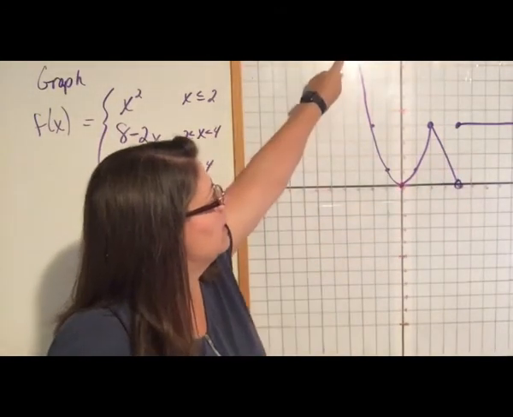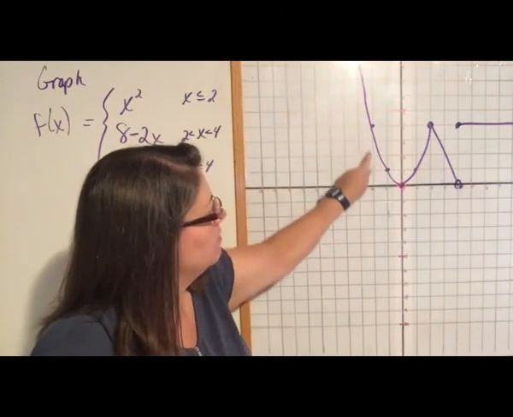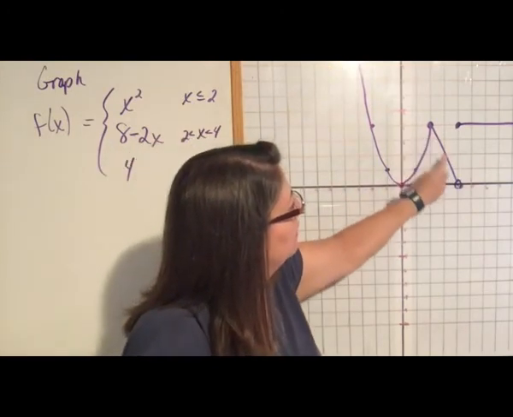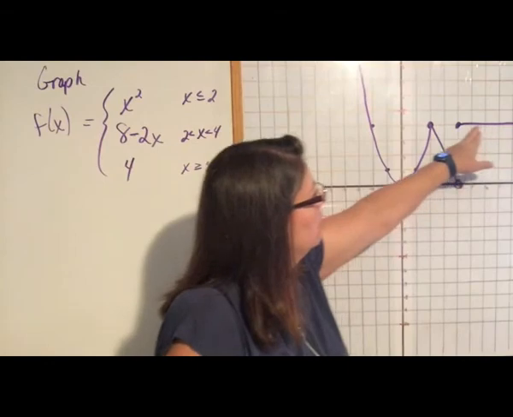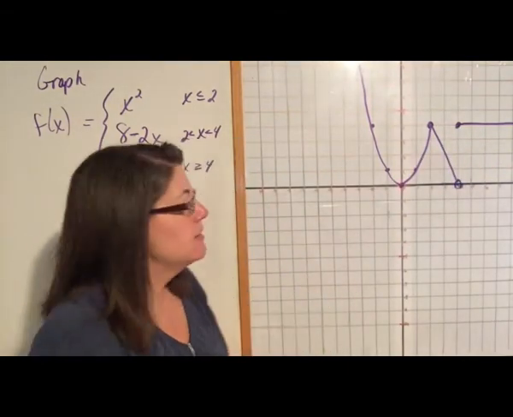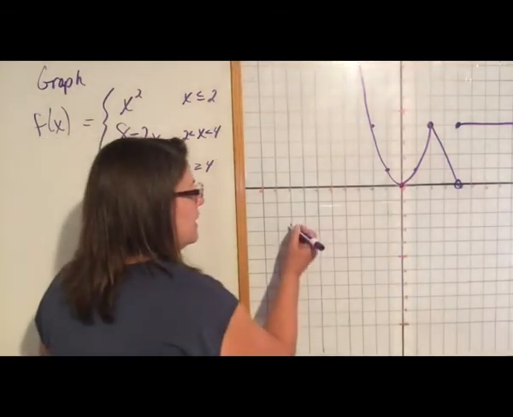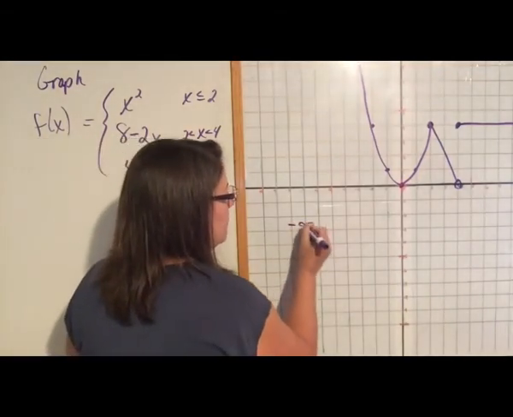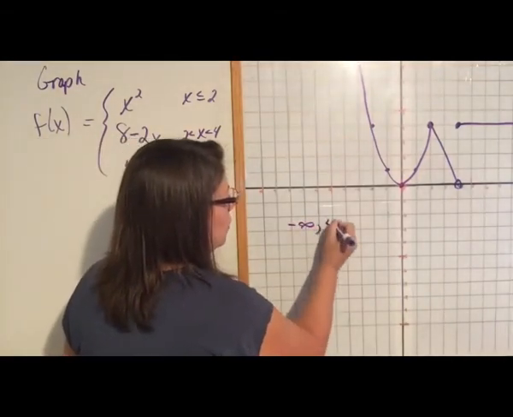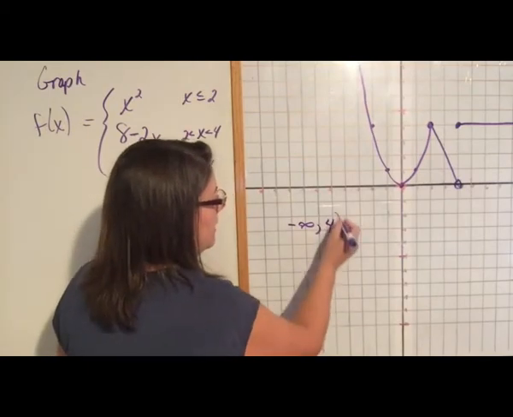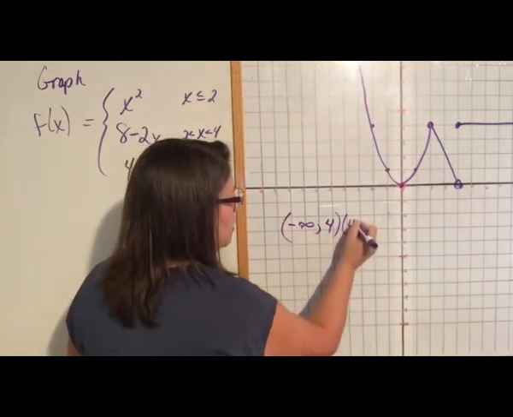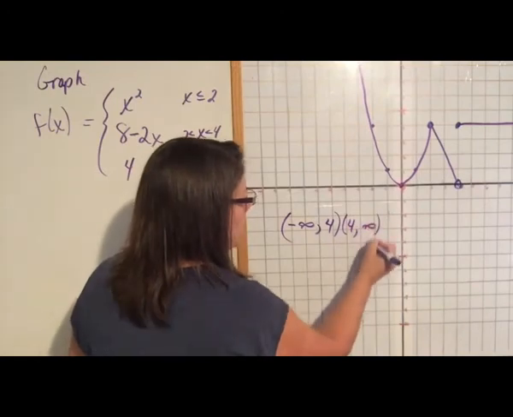So the limit of this piecewise function everywhere except 4 would exist. So when they ask us where does the limit exist, we would say it exists from negative infinity to 4, and then from 4 to infinity.